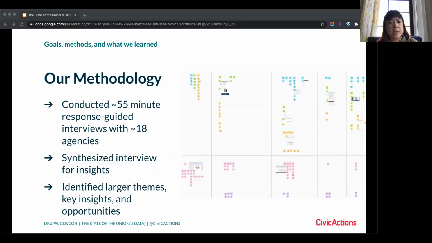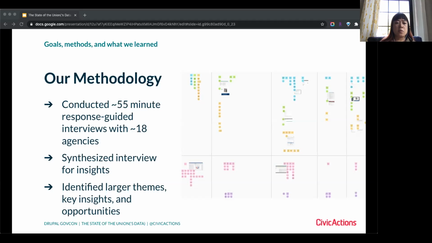With these goals in mind, we conducted 55-minute response-guided interviews with about 18 agencies, both local and federal. We reached out to participants from the DCAN community, as well as federal agencies who opted into talking to us about their open data program goals. We were able to speak with a range of people representing different team structures under different levels of open data program maturity.